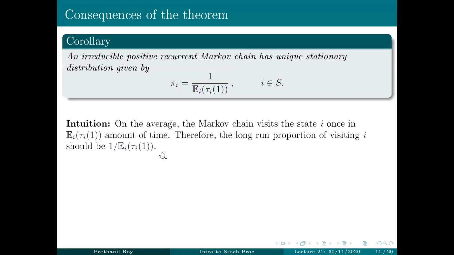And the long run proportion of each state should actually be the stationary distribution. Why? Because if you have already reached the long run proportion, what is the stationary distribution anyway? A stationary distribution is a probability distribution such that if you start the Markov chain with that distribution and take one step, then after one step also, the distribution will remain the same. So in other words, if x0 follows pi, then x1 also has to follow pi.